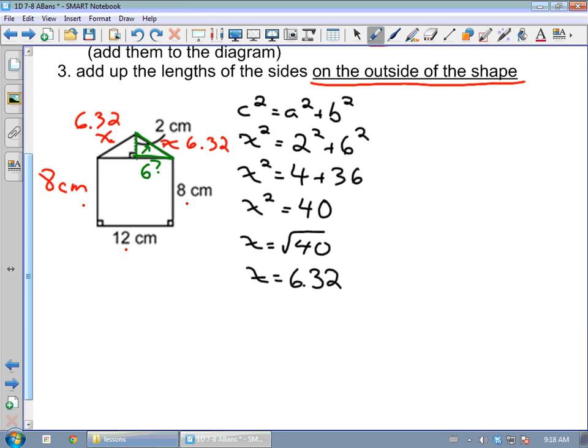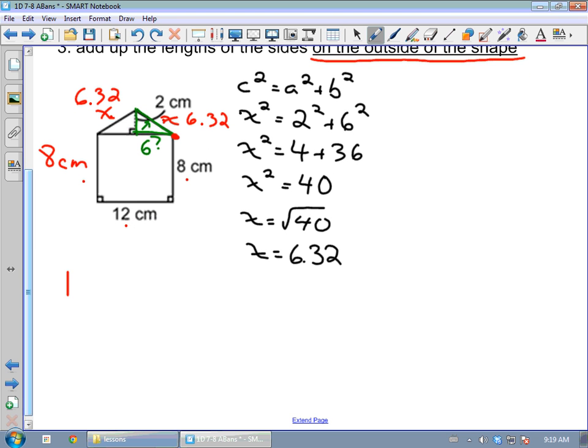So final step. Add up the lengths of the sides on the outside of our shape. So we want to pick a starting point right here, let's say, and just go around the outside, adding up these lengths. So I'll do this in red down here. So my perimeter is going to be, starting here, I've got an 8.